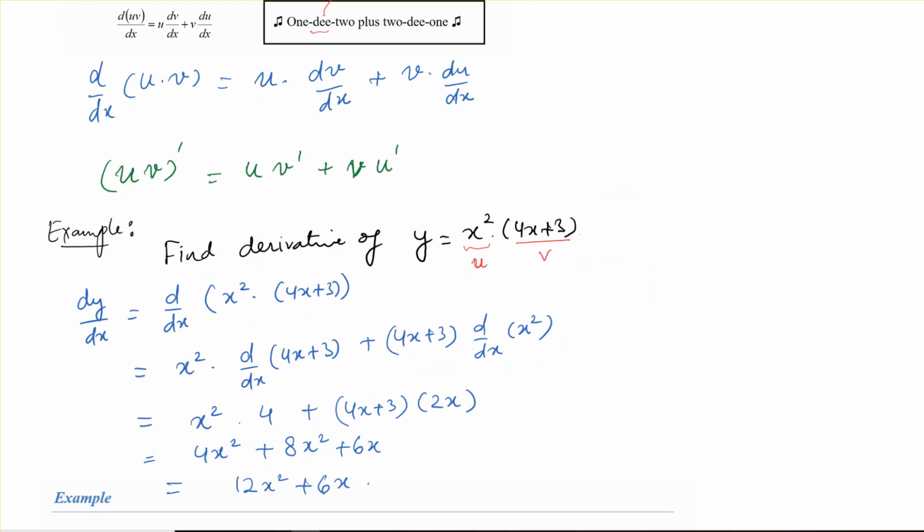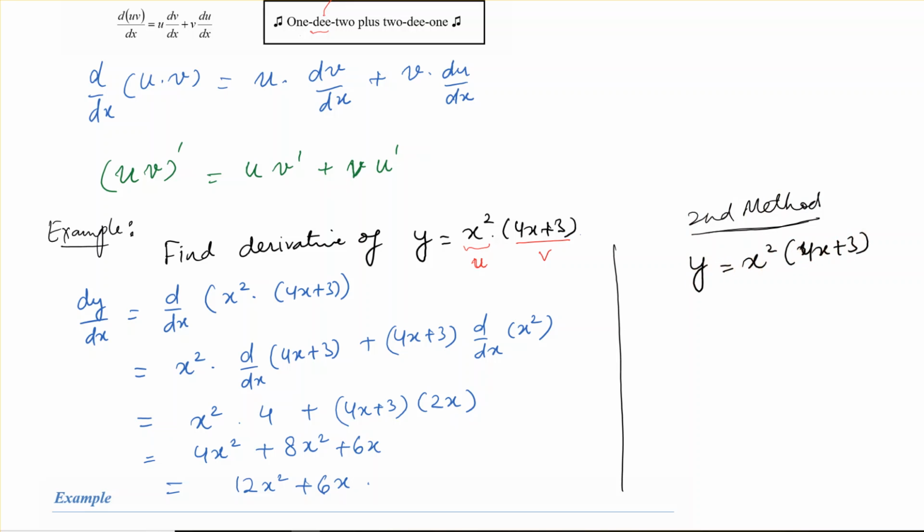In the same example, the second method is to use the derivative of polynomial rules that you already know. Because this is a much simpler function, you could start with x squared times (4x plus 3) and expand it. So y is equal to 4x cubed plus 3x squared.